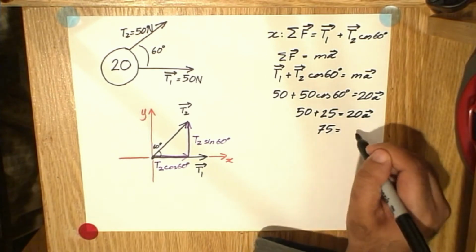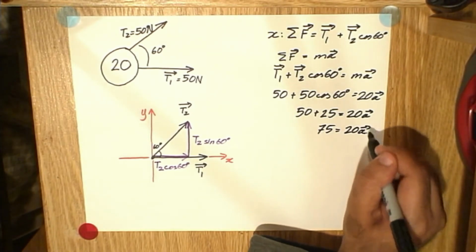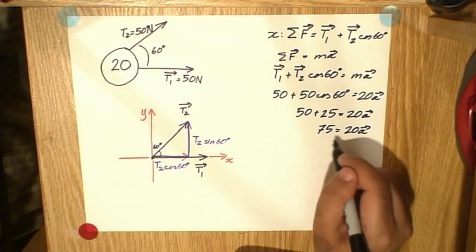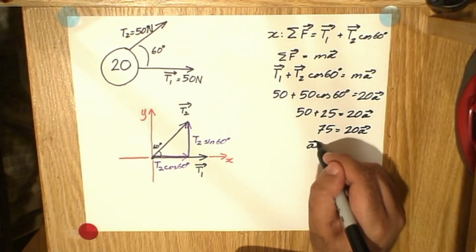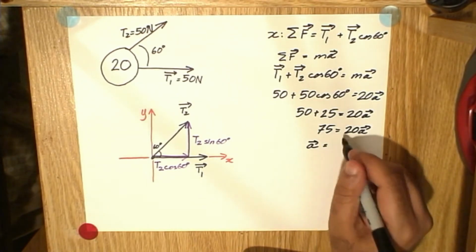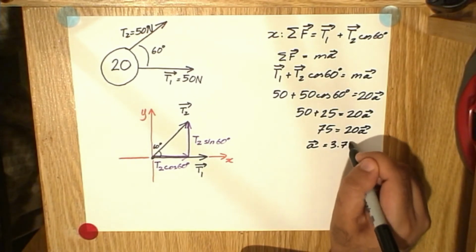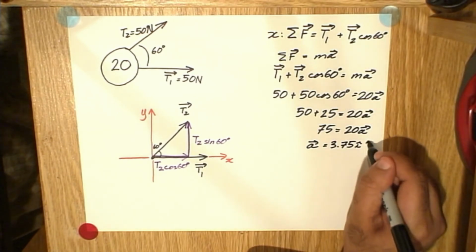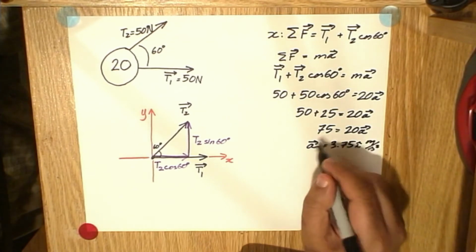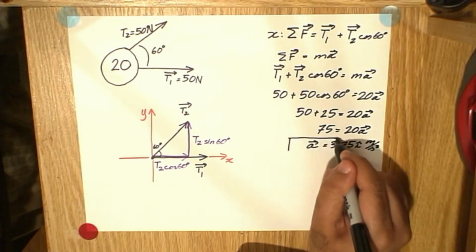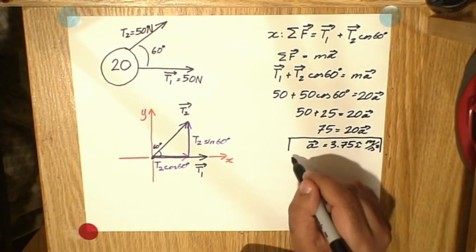So 75 is equal to 20 times acceleration. And dividing both sides by 20, you get the acceleration in the x direction, which is 75 divided by 20, which is 3.75 i hat meters per second squared. So this is the acceleration in the x direction.